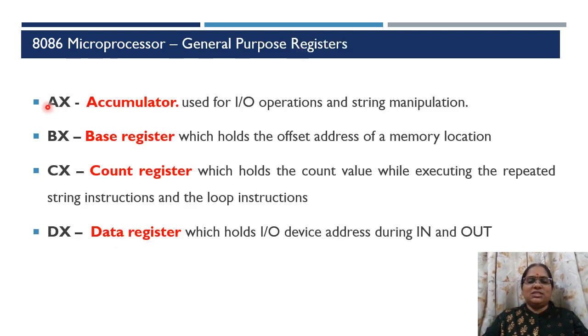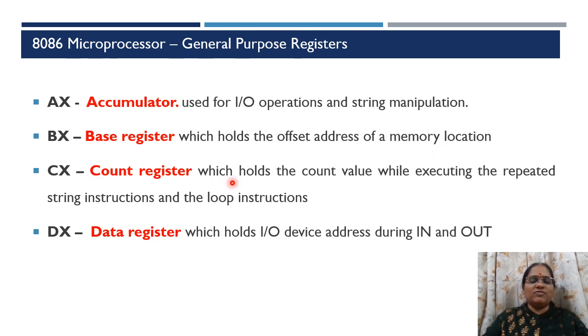So general purpose registers are the accumulator, base register, count and data register. The accumulator is used for doing IO operation, that is input operation, output operation, and also in string manipulation. The base register will hold the offset address while you're calculating a memory location, that is to calculate a 20-bit memory address.